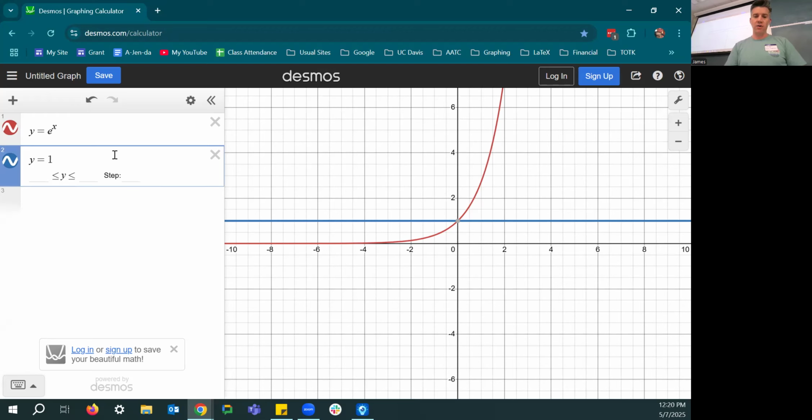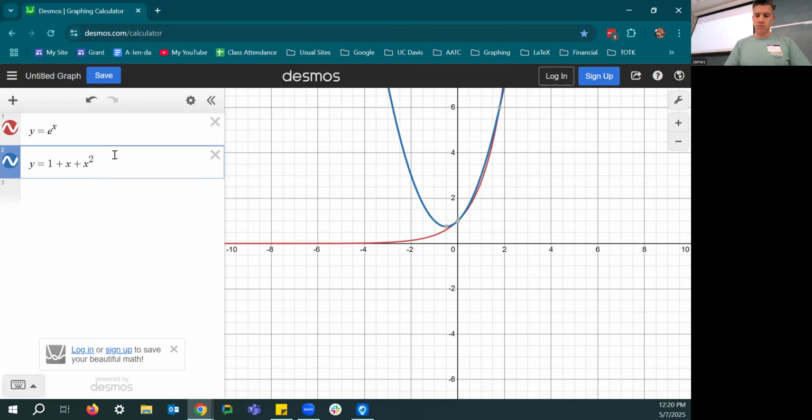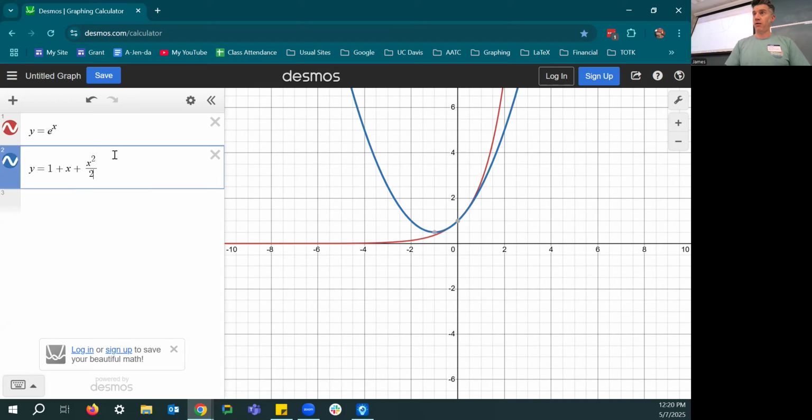But if we add on terms, okay, it's a little better. A little better. And it just keeps going. The more terms you add on, the longer the approximation seems to be valid. And if you do this forever, this function is actually equal to that Taylor polynomial.